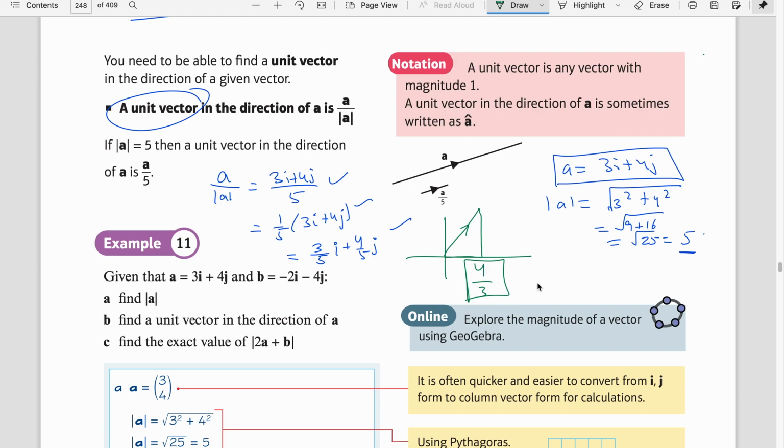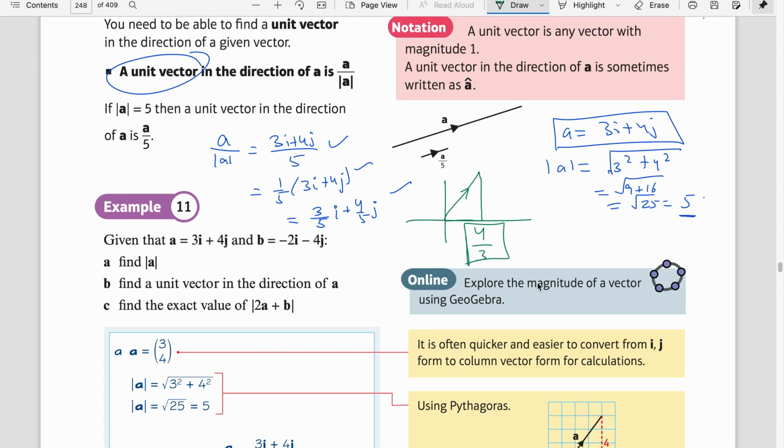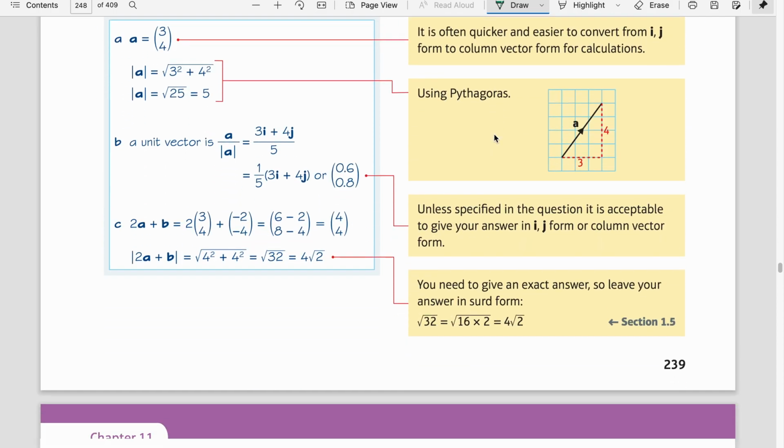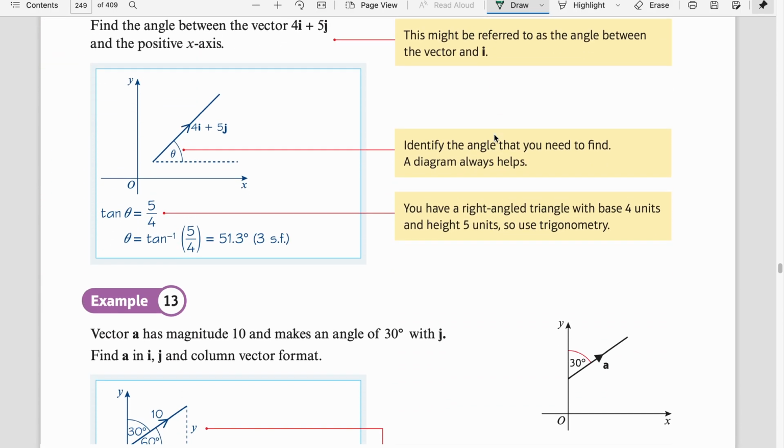A is in this direction and has a magnitude of 5 units. Or we can also say that 3i plus 4j is the direction, because this is 3 in the positive x direction and 4 in the y direction, and in this way you draw the length, which is equal to 5 units.